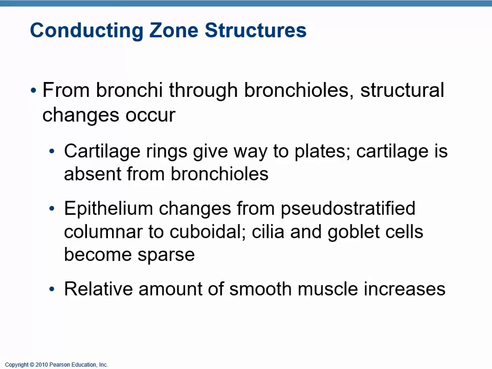It goes from pseudostratified columnar with cilia to a cuboidal epithelium, with very few cilia or goblet cells further down. The walls become more like arterial walls, and there's smooth muscle so that we can constrict or dilate the bronchioles. This is still the conducting zone, so respiration doesn't take place here.